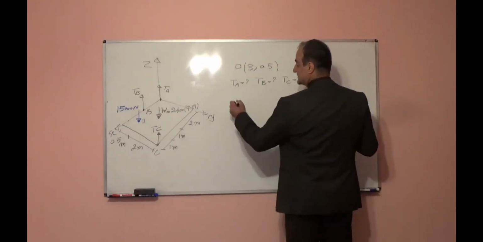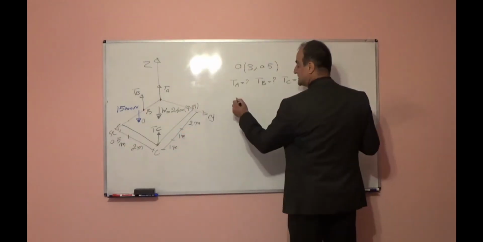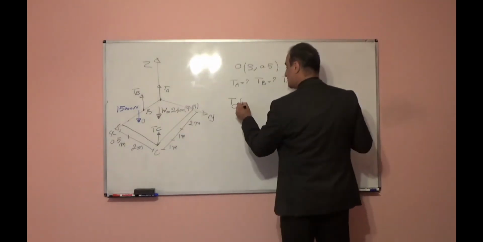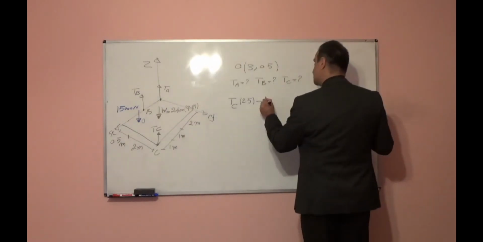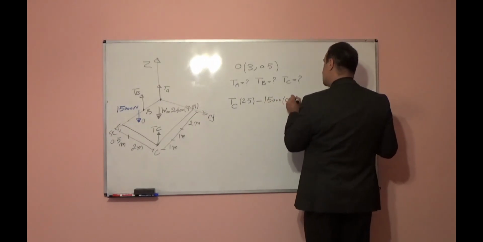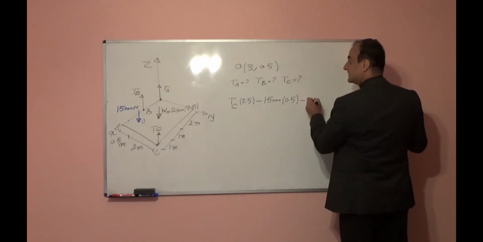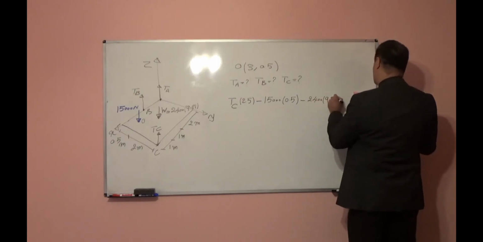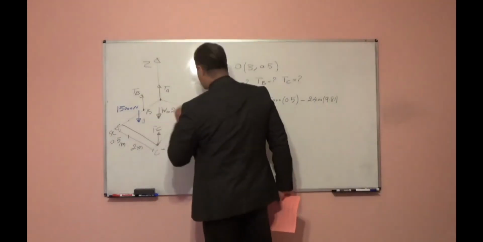If I write summation of moment with respect to x-axis equal to 0, I can write TC times the distance 2.5 minus 15,000 times distance up to x-axis 0.5 minus weight 2,400 times 9.81 times the distance from center up to x.